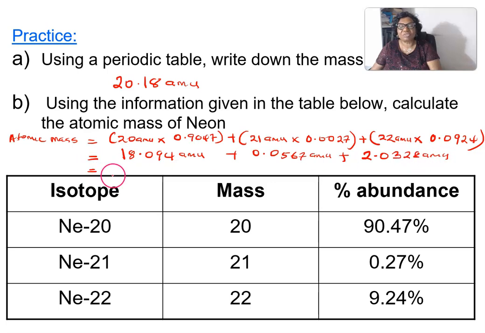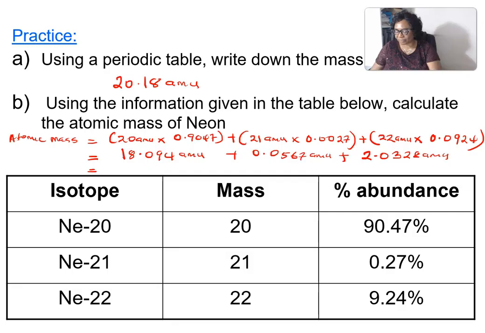So our atomic mass is 18.094 plus 0.0567 plus 2.0328.